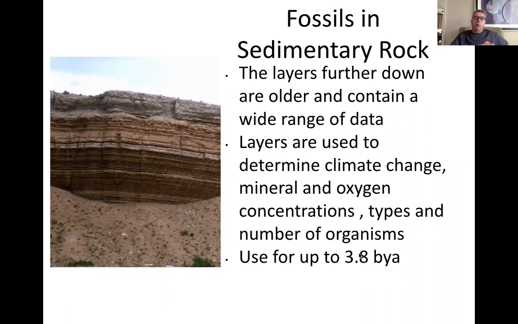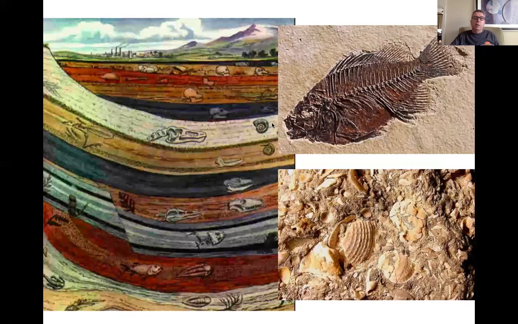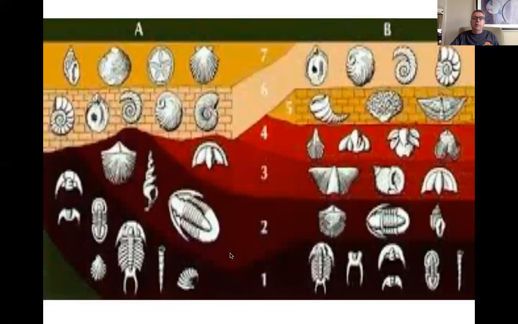Fossils in the sedimentary rock, again, back to that relative dating, but we do also have other dating. We don't have carbon dating because carbon doesn't go back this far, but we have other elements that we can radioactively determine how old. So, 3.8 billion years ago. All right, and so you can see the fossils in here.